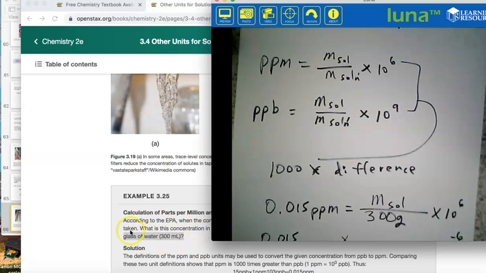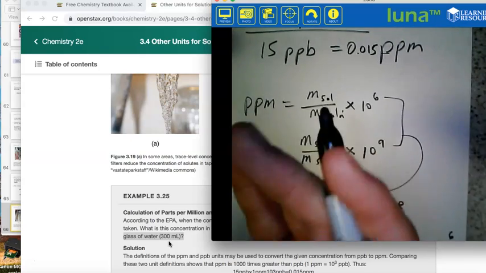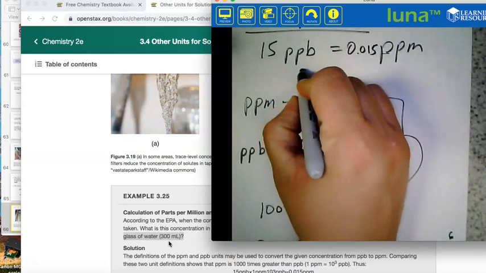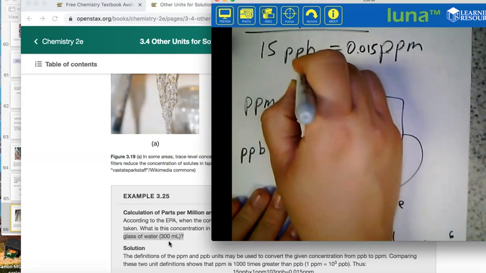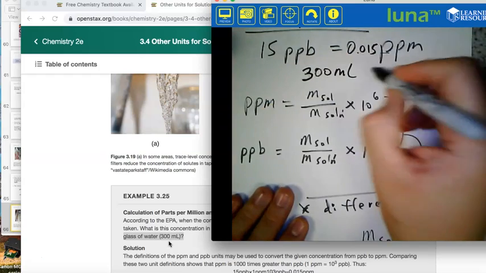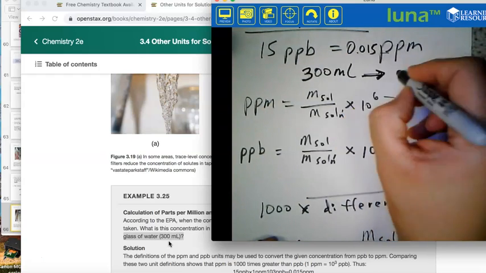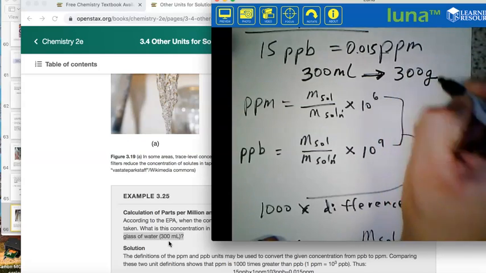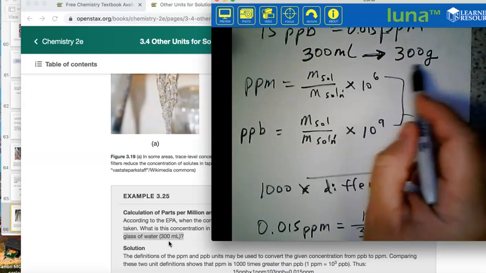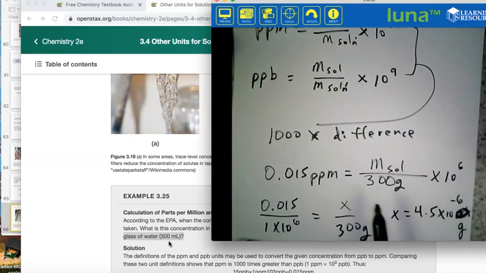Notice that the volume of the glass of water was 300 milliliters. The density of water is 1 gram per milliliter, so that means 300 milliliters is 300 grams. So that's how I got the 300 grams there.